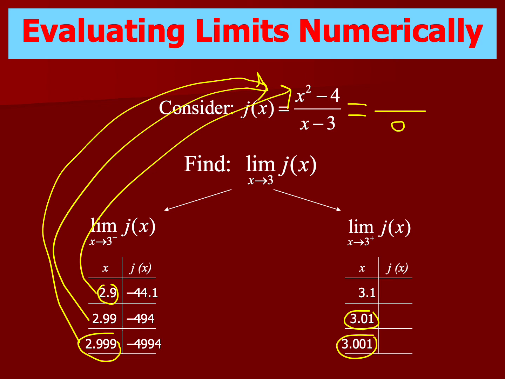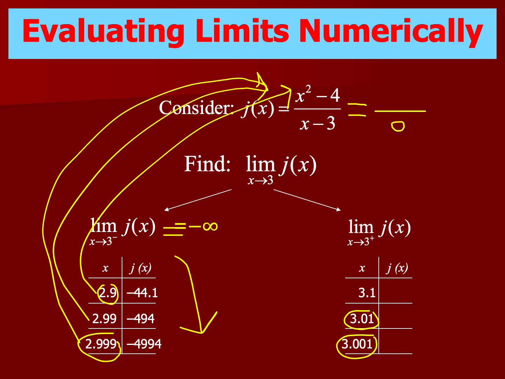It means the results are not approaching a specific number. They are going clearly to minus infinity. That means the limit in this case is negative infinity. So the behavior of this graph is going down to negative infinity.